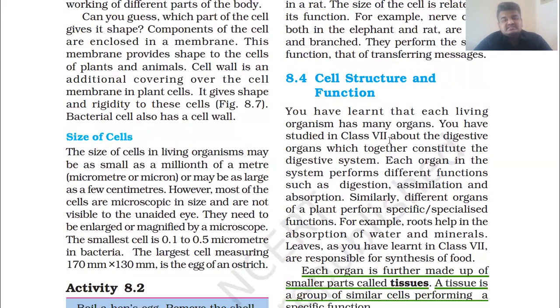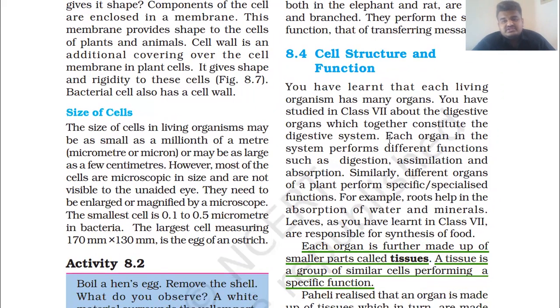Now let's discuss cell structure and function. Observe that there is a big variety in size of cells, and it does not depend on the size of the animal. Each living organism has many organs. You have studied in class 7 about the digestive organs, which together constitute the digestive system.